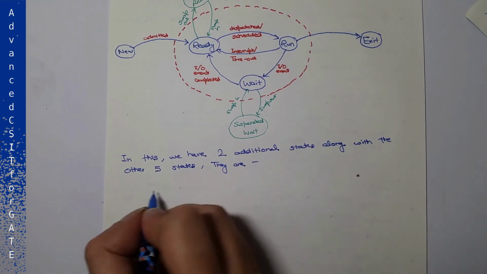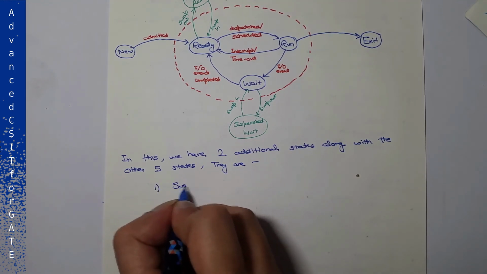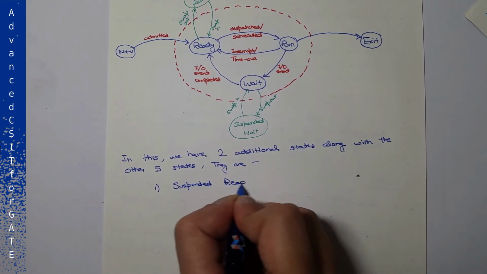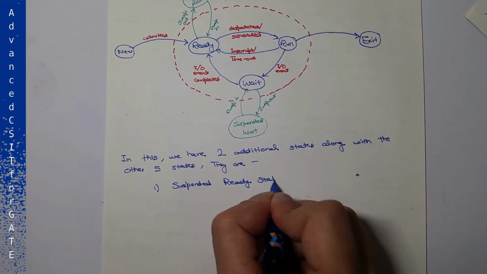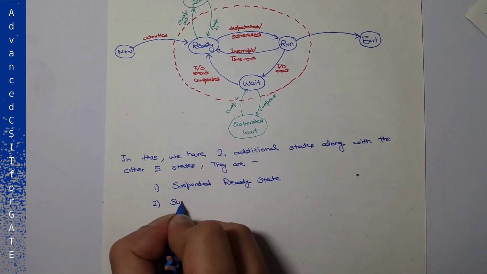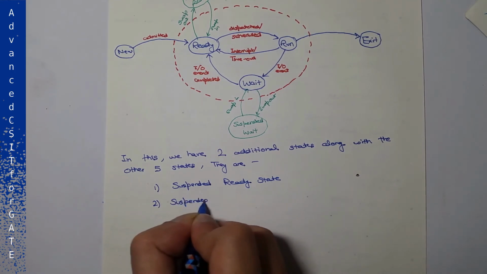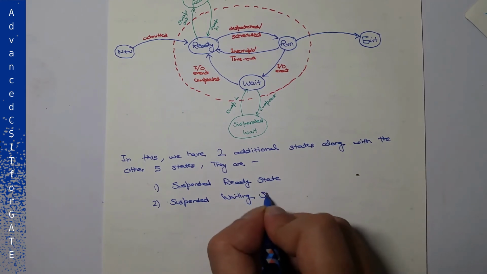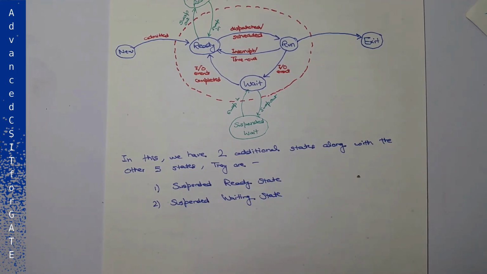They are, number 1 is suspended ready state, and second is suspended waiting state. Now let's see what each of these are in detail.